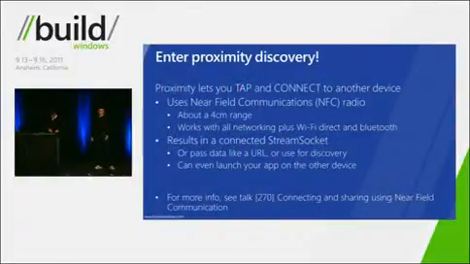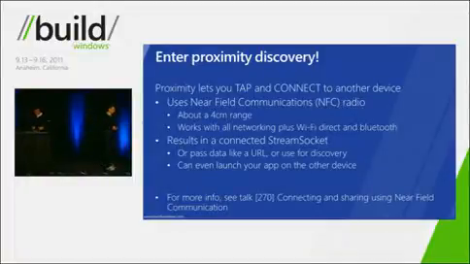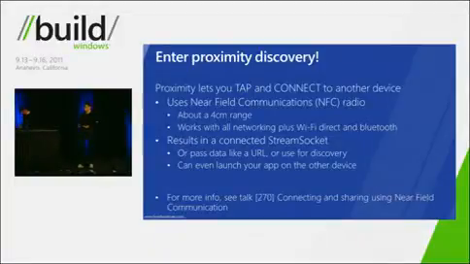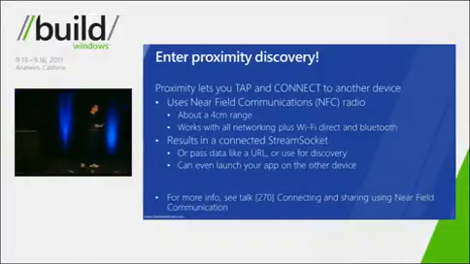Proximity discovery is tailored for this type of scenario like we just did, where we're standing right next to each other. Now, what is proximity discovery? This is where the tap and connect keywords that you may have heard come from. There's a type of radio called NFC, or near-field communication, that the range is about 2 to 4 centimeters or so. That radio is used for the initial rendezvous, the discovery of endpoint information.